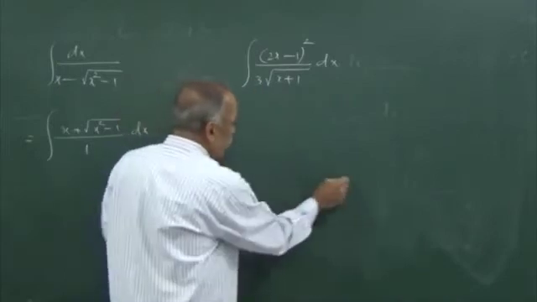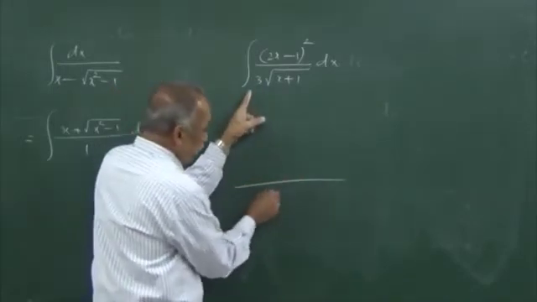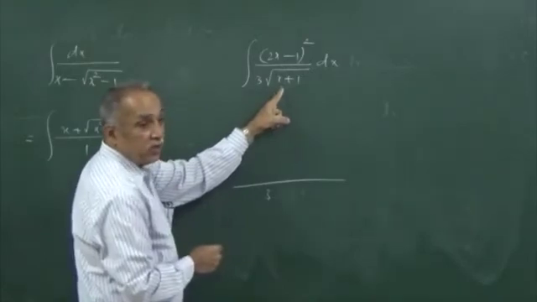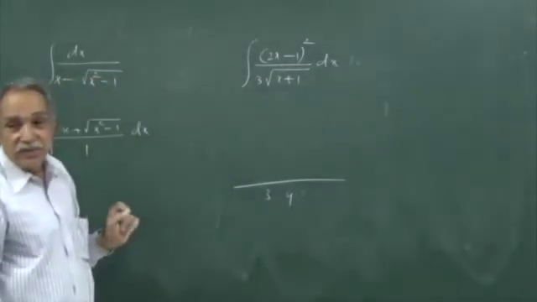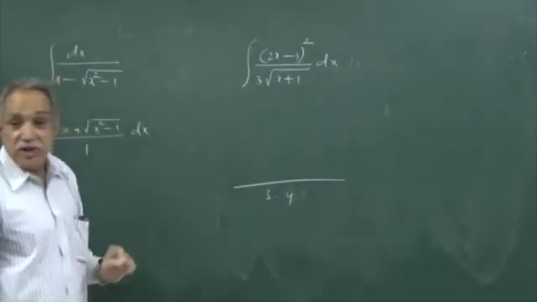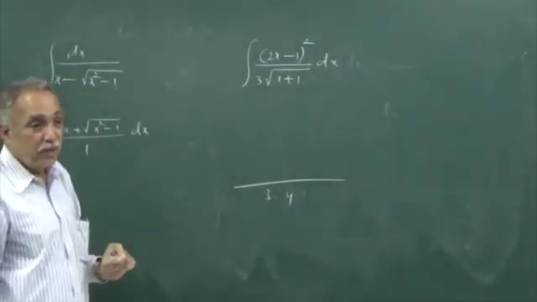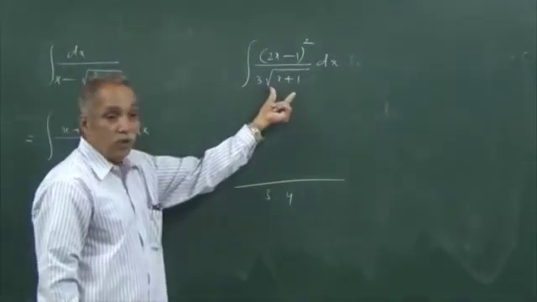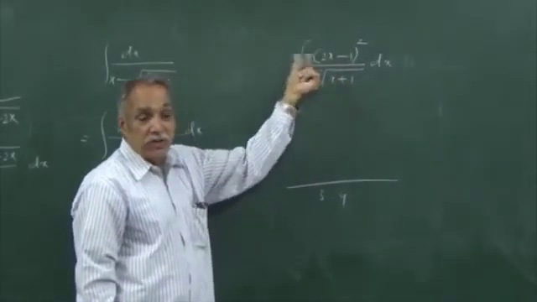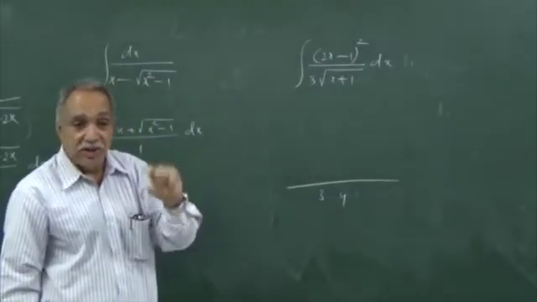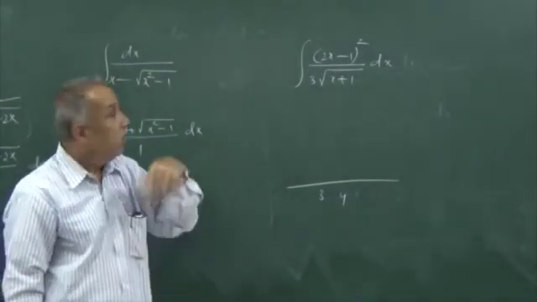Okay, my function to be decomposed is 3 into, I am using x plus 1 equal to y square, so root x plus 1 is y. My numerator is 2x minus 1 whole square, but I am using x plus 1 equal to y square, so x will be y square minus 1, 2x will be 2y square minus 2, minus 1 is 2y square minus 3, whole square.